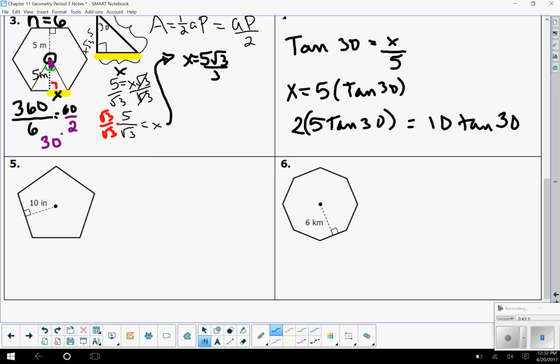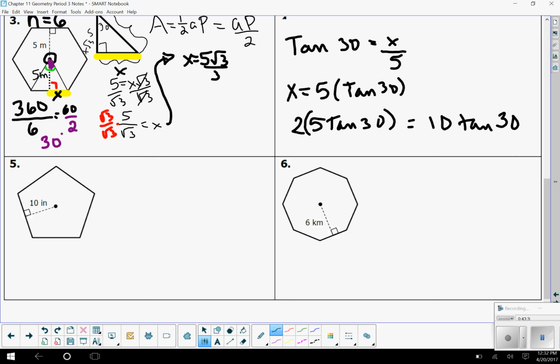Okay, you guys, please pay attention for a second. If we're going to find out what this side is, we could do the tangent of 30, which would be x over 5. But you have to understand that it's only half that side. You have to multiply it by 2 to get the full side.